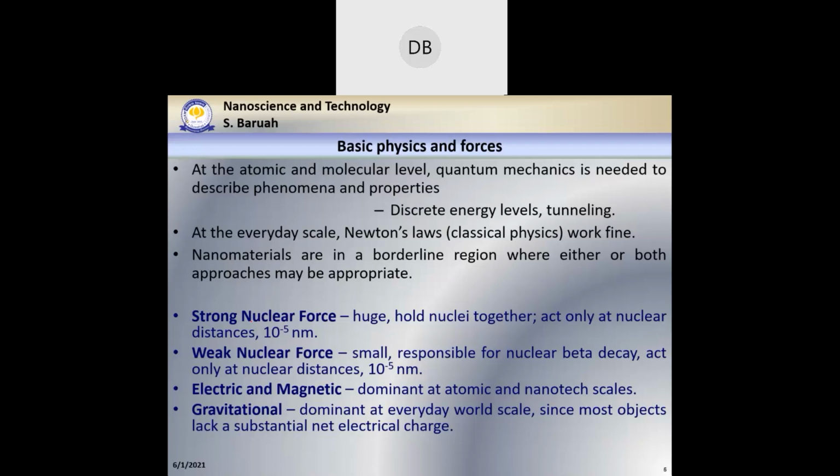Strong nuclear force. The nuclear force is very, very big. It's huge, and it holds the nuclei together. Nuclear force means the interaction between the nucleons. It acts only at nuclear distances, typically around 10 to the power of -5 nanometers. So the particles are very, very closely packed. And weak nuclear forces also come in.